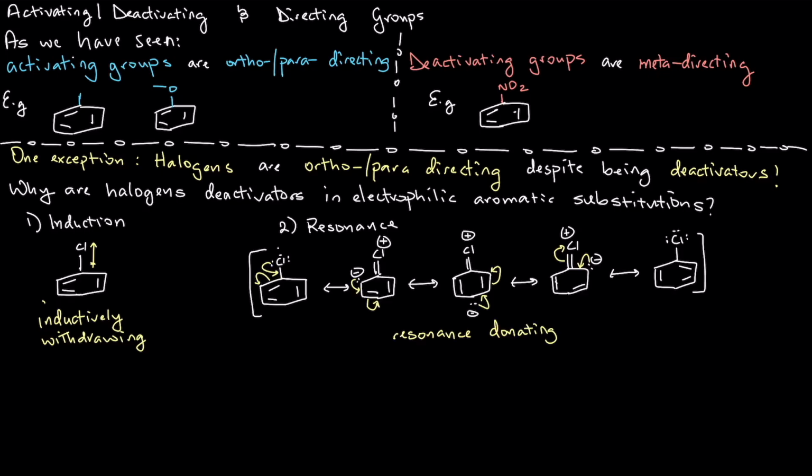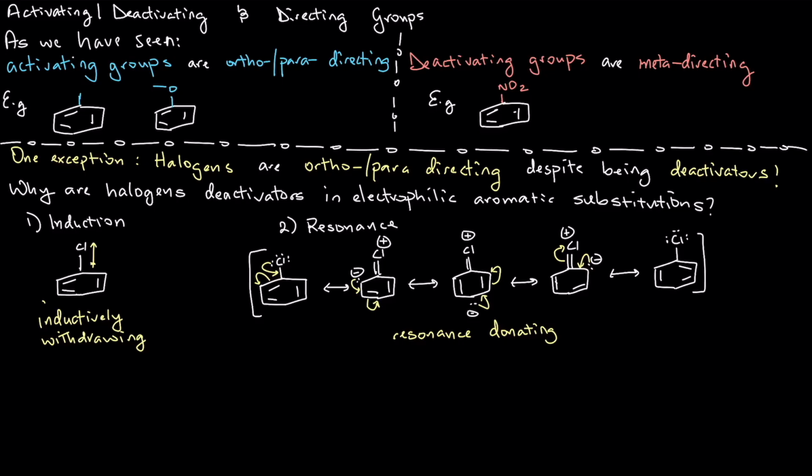aromatic ring. With regards to resonance, however, it turns out the chlorine, because it does have a lone pair, can indeed donate electron density towards the benzene ring, okay, which would make that benzene ring electron rich if you're looking at simply resonance. So we've come up with a conundrum here.